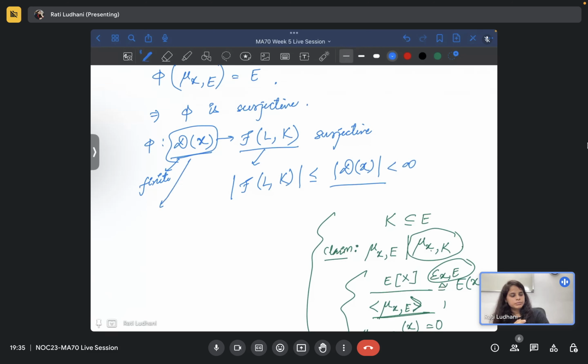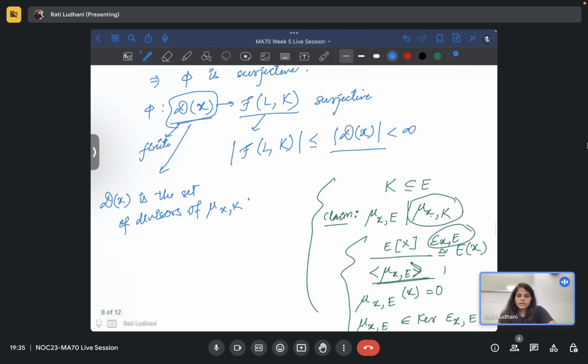Why? Because Dx is the set of divisors of a fixed polynomial of fixed degree n. So how many divisors can it have? At most... one more thing. For example, mu xk is some polynomial.